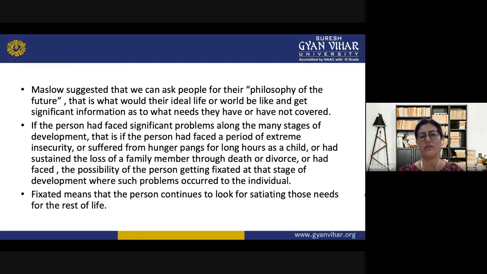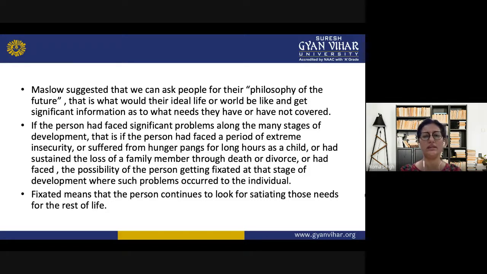If the person had faced significant problems along the many stages of development, that is, if the person had faced a period of extreme insecurity, or suffered from hunger pangs for long hours as a child, or had sustained the loss of a family member through death or divorce, there is the possibility of the person getting fixated at the stage of development where such problems occurred.